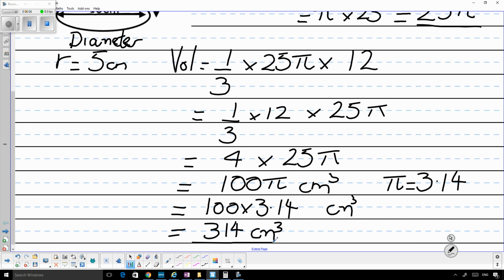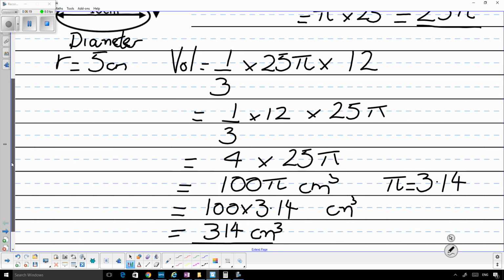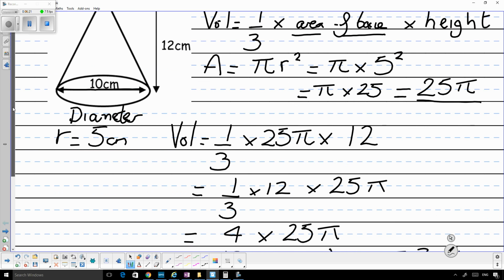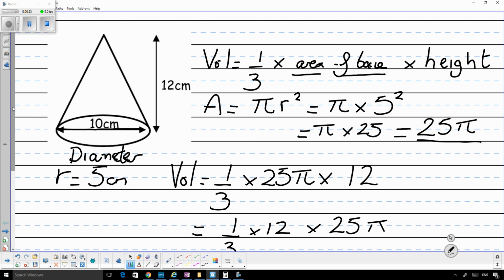If I take a step back, just review what I've done. I started off by working out the area of the circle, which was at a diameter of 10 and a radius of 5. So just here, let me highlight it, I've worked out the area of that circle.